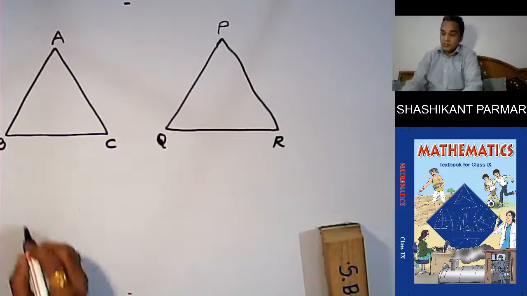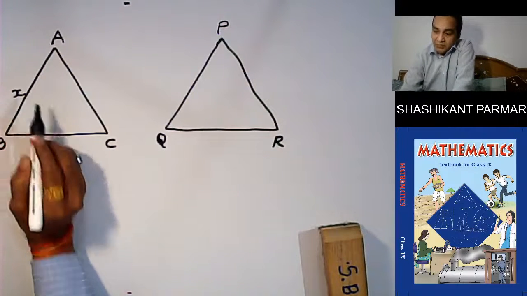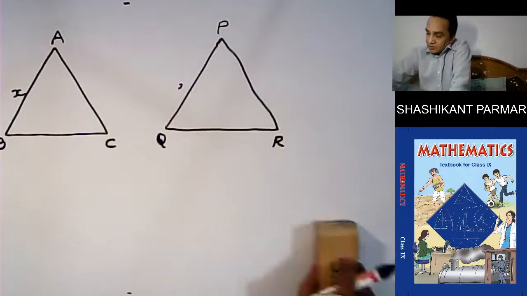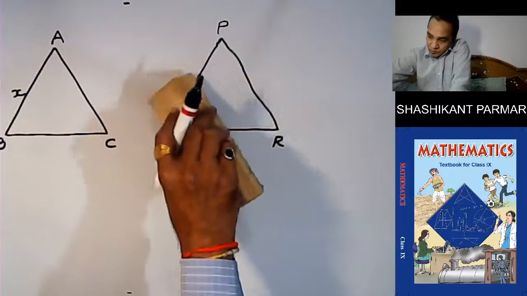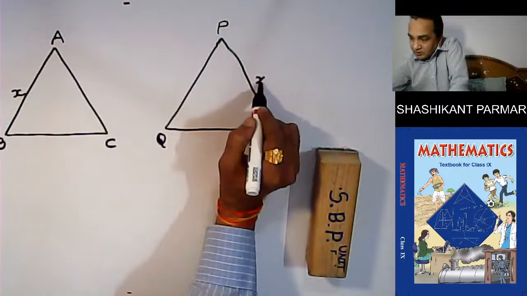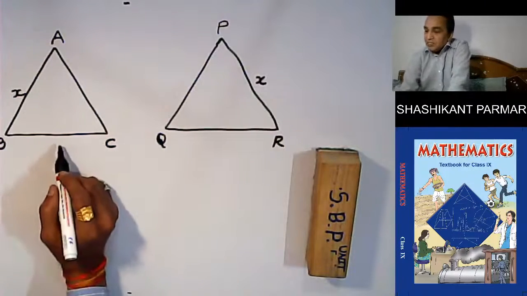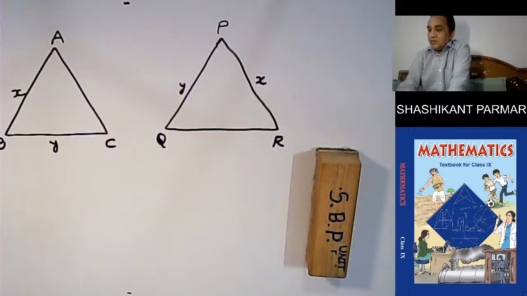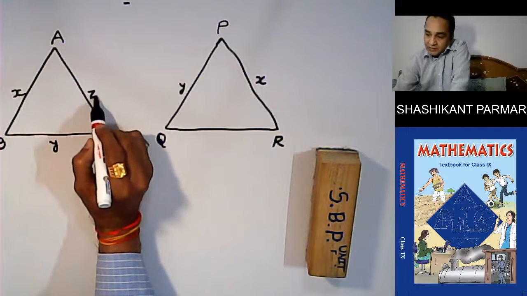Now AB is equal to x and PQ is equal to x. Let me write here so you can understand. This is x, BC is equal to y, and this is z.